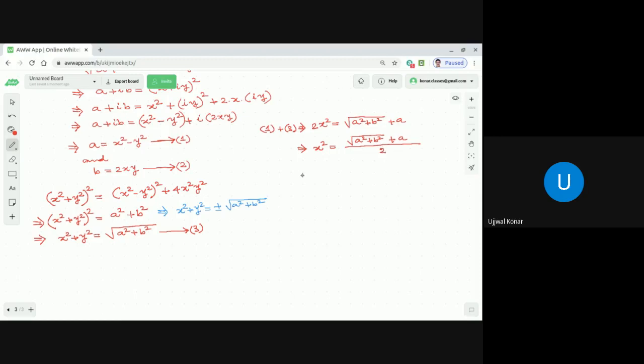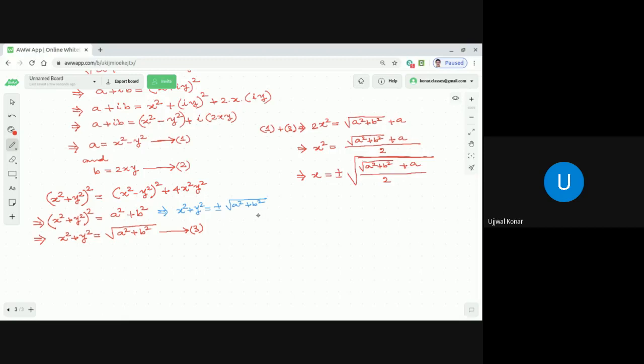That implies x is equal to plus minus square root of, complete square root, dear students, of square root of a square plus b square plus a divided by 2. In a similar manner, we can find the value of y. How can we find the value of y?